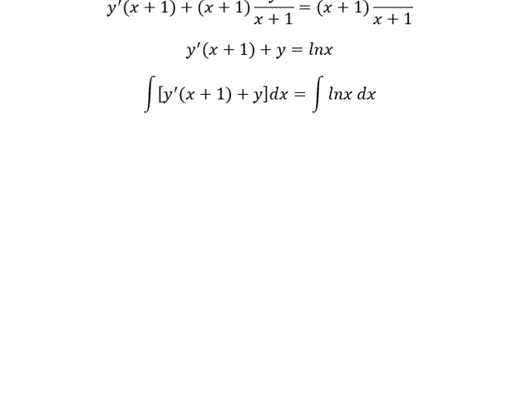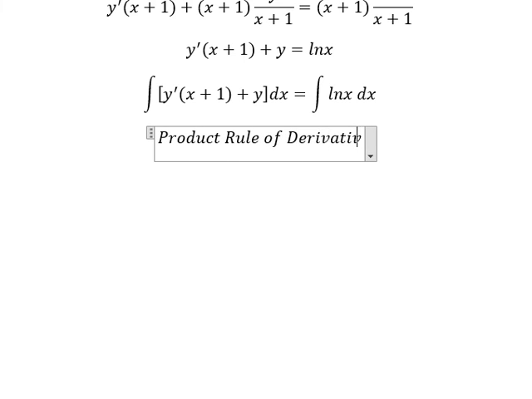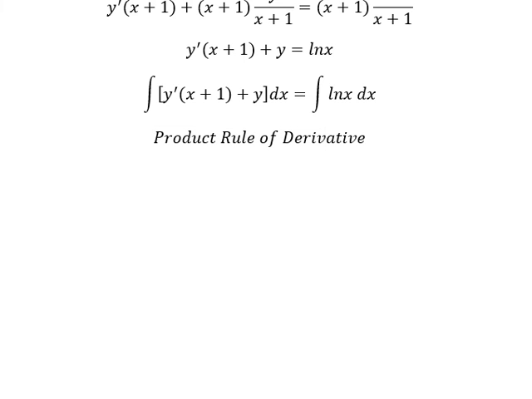Next, we can use about the product rule of the derivative. So we know that first derivative of y equals to first derivative of a multiplied by b plus first derivative of b multiplied by a.